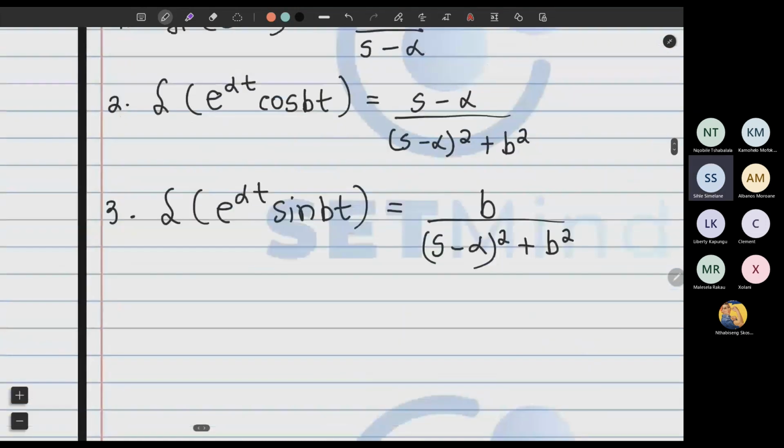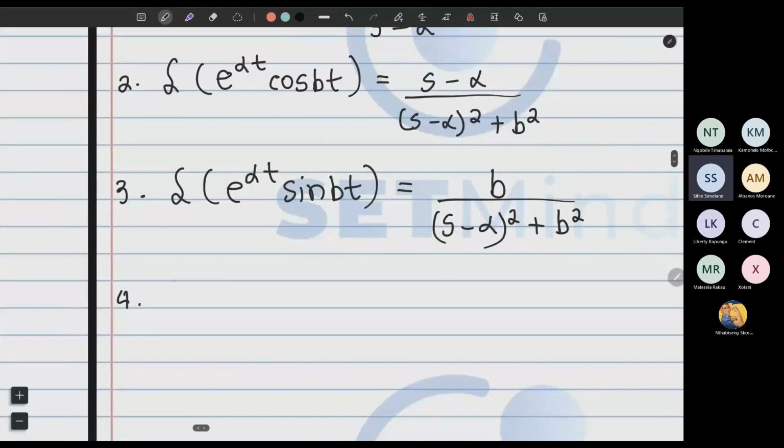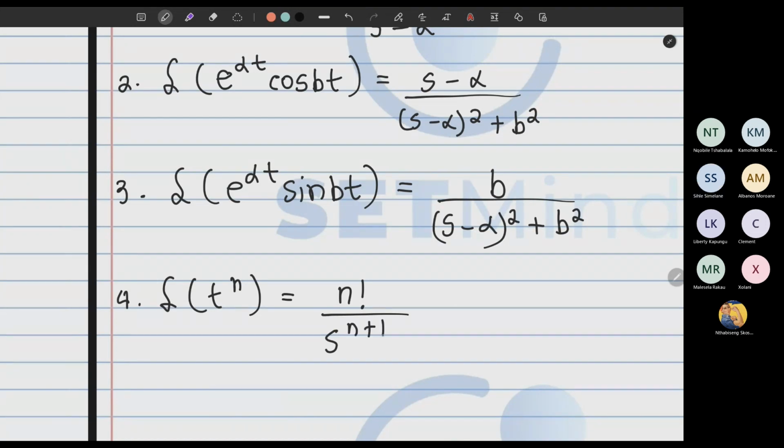Then another one which you need to know, number 4, is that the Laplace transform of t to the n is equal to n factorial over s to the power of n plus 1. And here n is 0, 1, 2 going up.